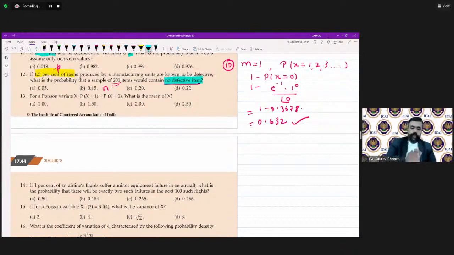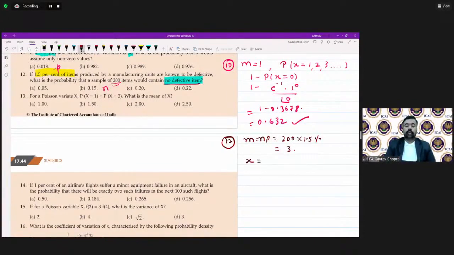There should be no defective item. So what to do? First of all, we have to calculate mean. Mean is equal to n multiplied by p. N is 200, p is 1.5%. So 1.5% of 200 is 3.